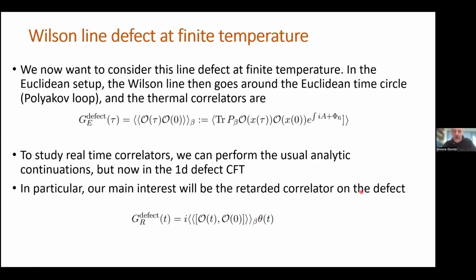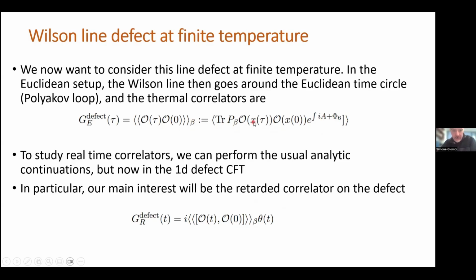Now we want to consider this at finite temperature. First we go to the Euclidean finite temperature theory, and then the defect 2-point function will be what you expect. The Wilson line becomes a Wilson loop, a Polyakov loop along the Euclidean time circle, and the 2-point function is just this Euclidean time-ordered 2-point function with insertions on the Wilson line.